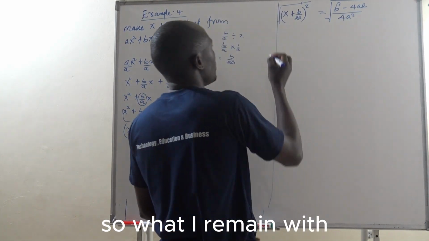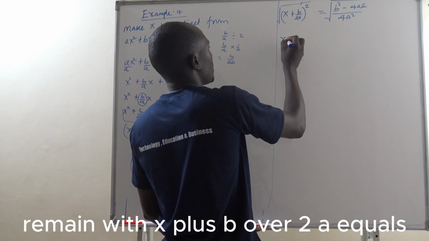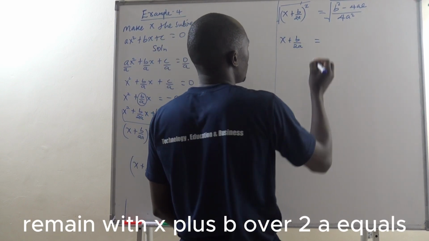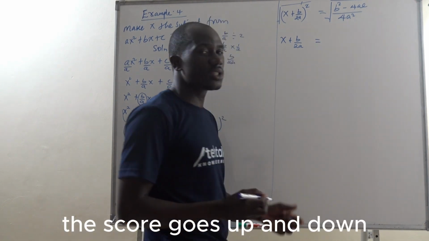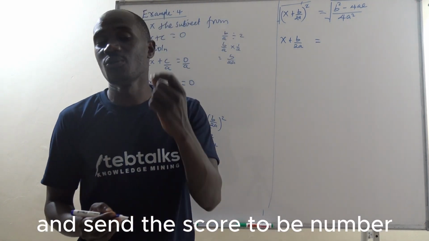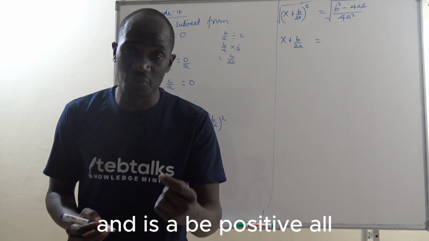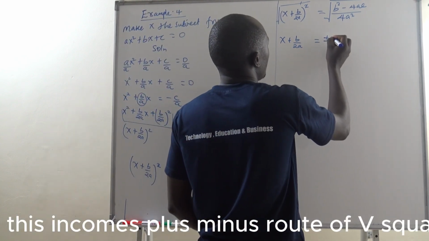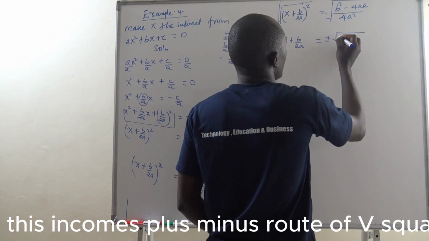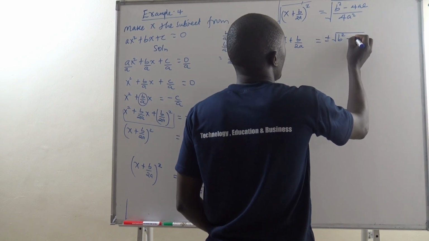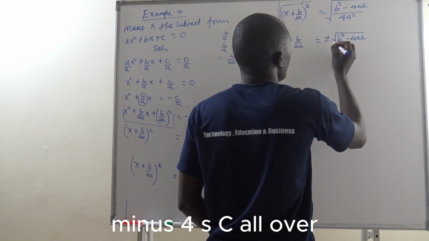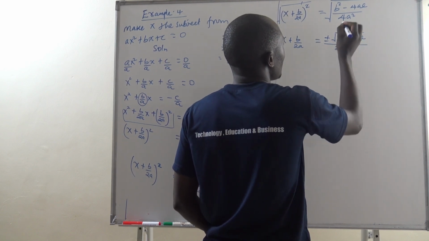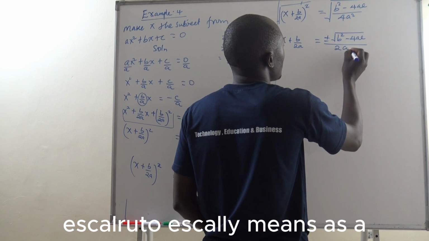So what have we remained with? We have remained with x plus b over 2a equals, the square root goes up and down. And we said the square root of a number can either be positive or negative, so this becomes plus or minus root of b squared minus 4ac all over, the square root of 4 is 2, the square root of a squared remains as a.